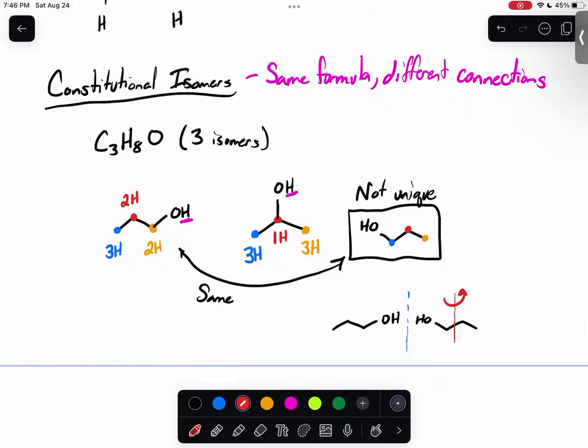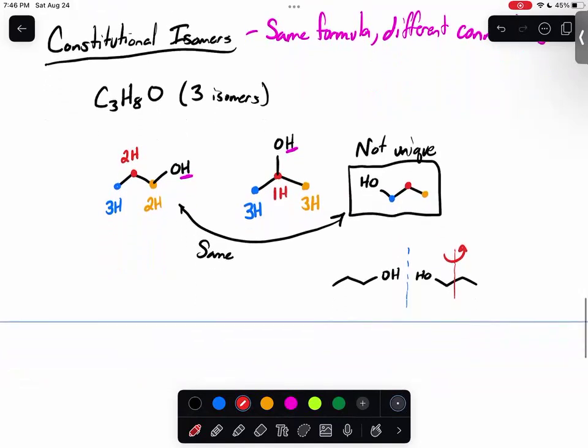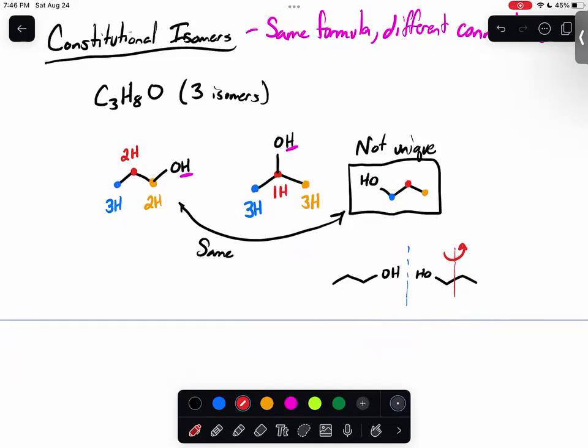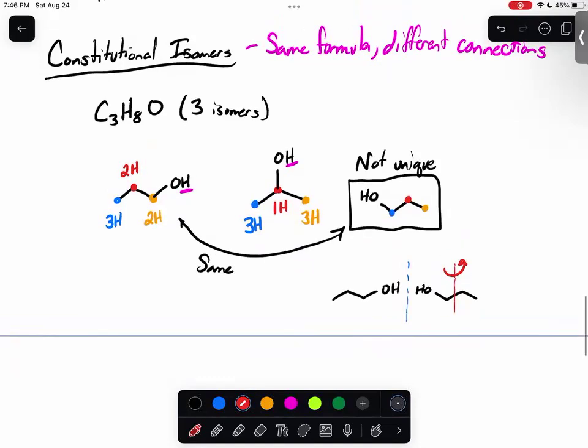With that being said, this is not the only set of isomers we have for this structure. If we can't move that oxygen to be attached to any of these other carbons, what if we could have it attached to multiple carbons? We can put it in between some of them. As an example, we could have something like this, where we've shoved the oxygen between the red and orange carbons.